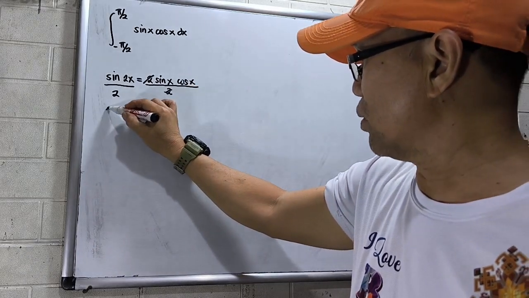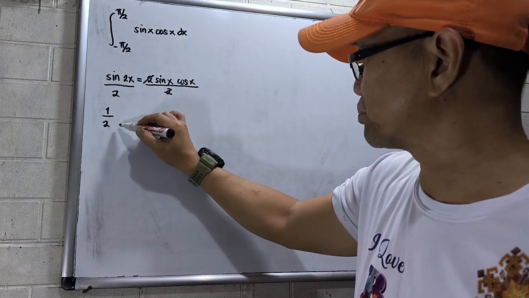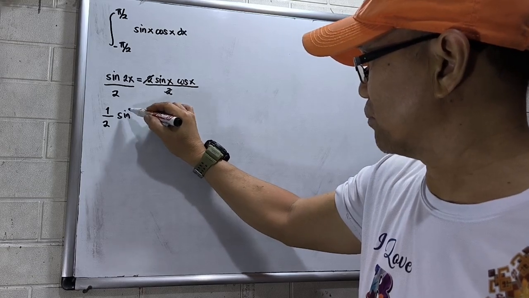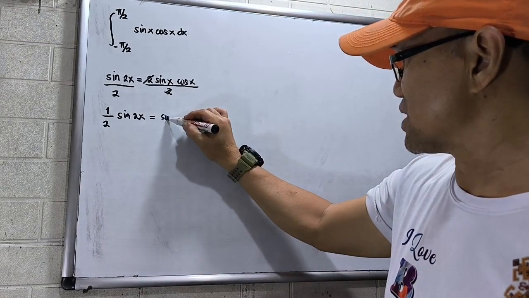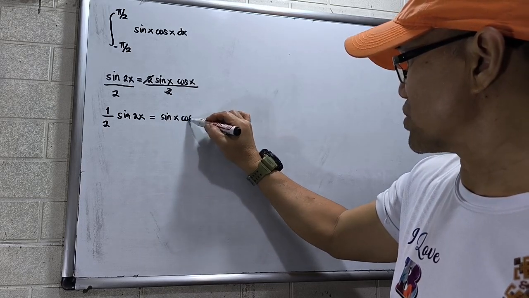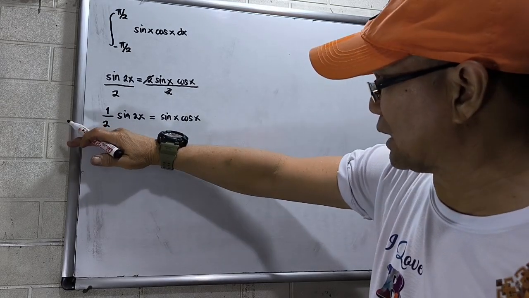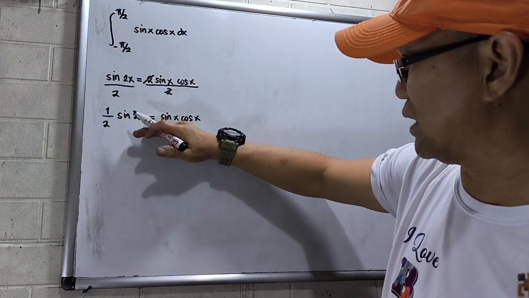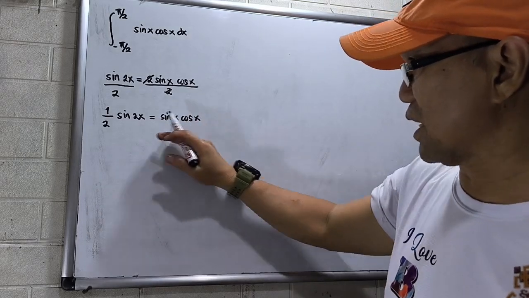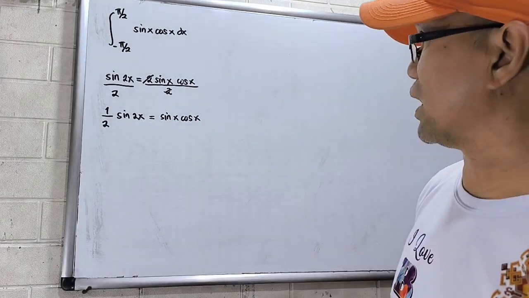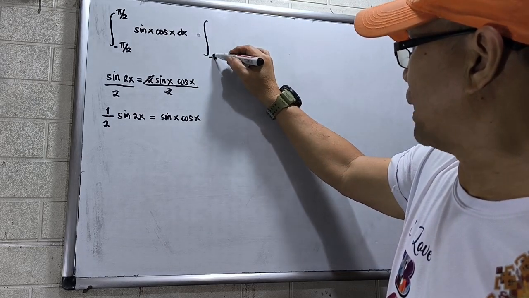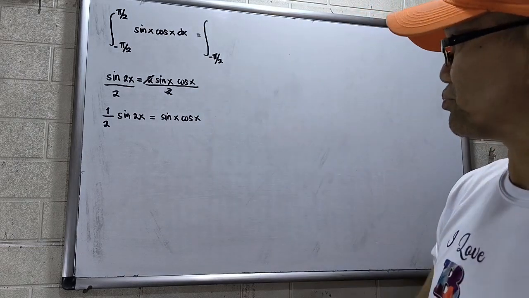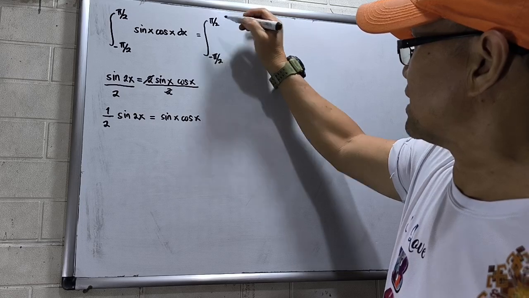I now have 1 over 2 times sine 2x equal to sine x times cosine x. So I will plug in the value equivalent to sine x cosine x, which is 1/2 sine 2x.